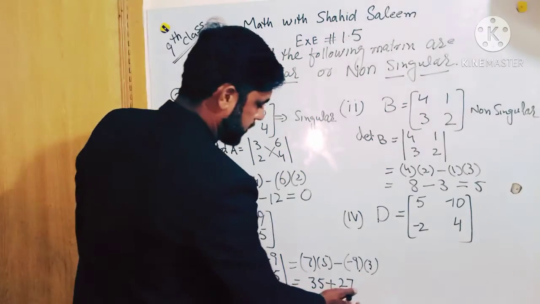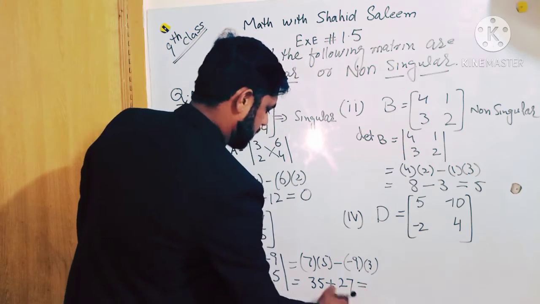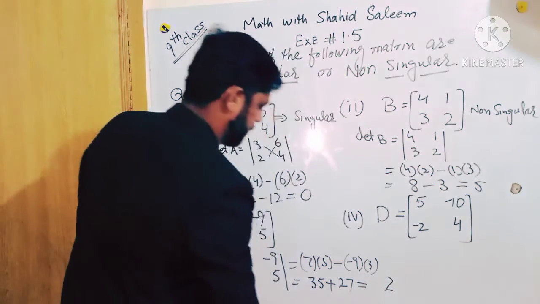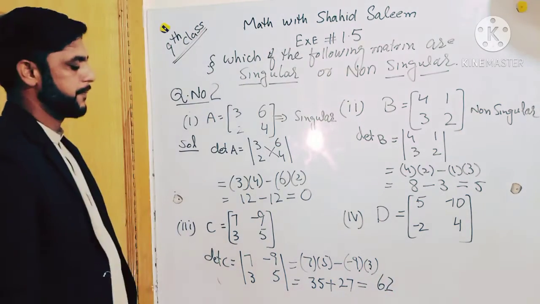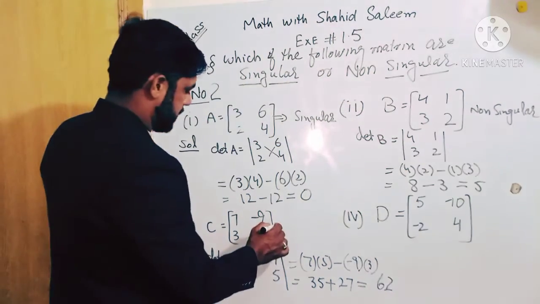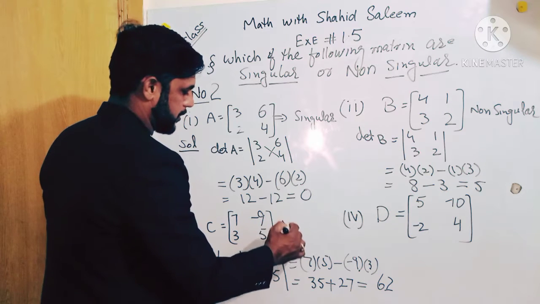Adding these two elements, 62 is the answer, and so this matrix is also non-singular.